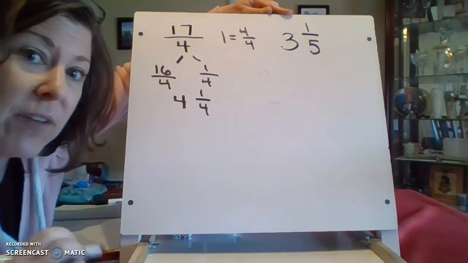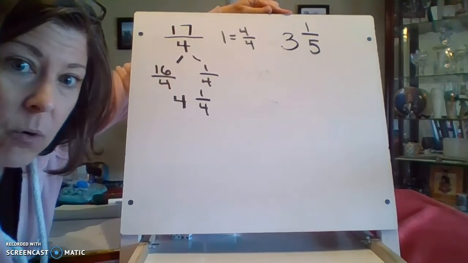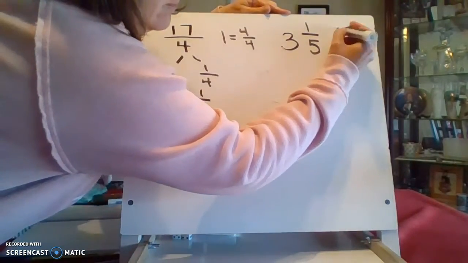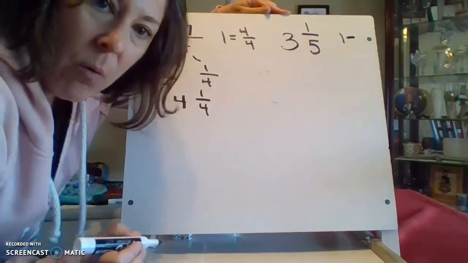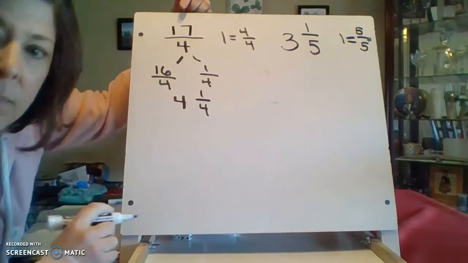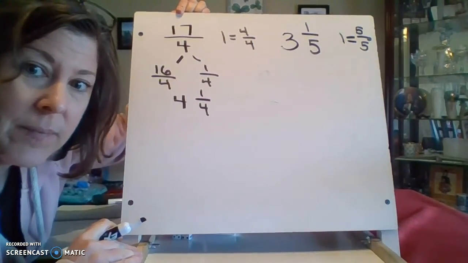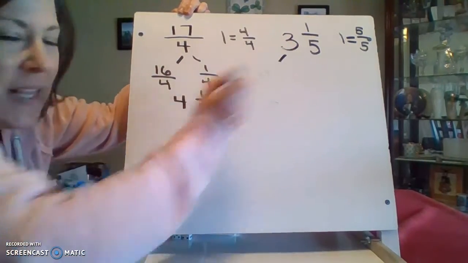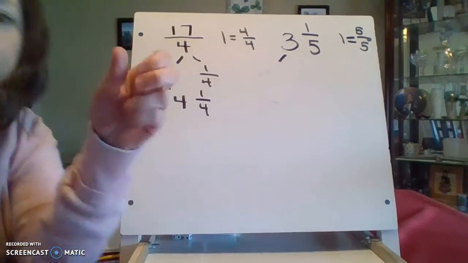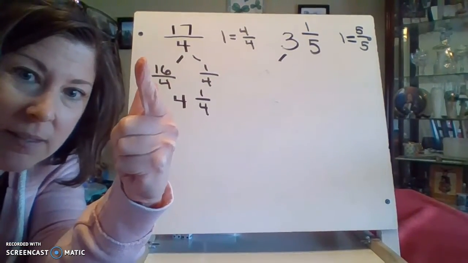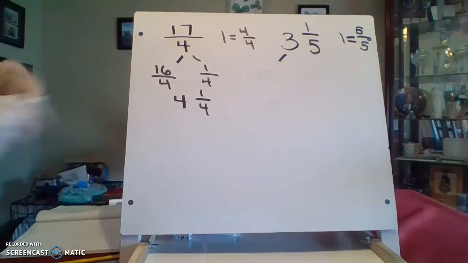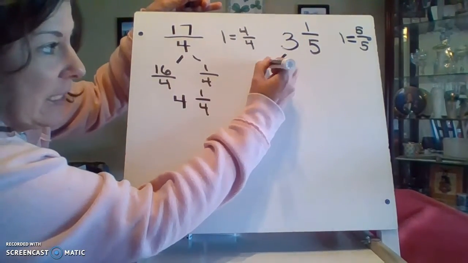So this time I'm dealing with fifths, and I want you to think about how many fifths do I need for a whole? Well, one whole would be 5/5. So that means I have 3 of the 5/5. 5/5, 10/5, 15/5. 5, 10, 15. 3 times 5 is 15.